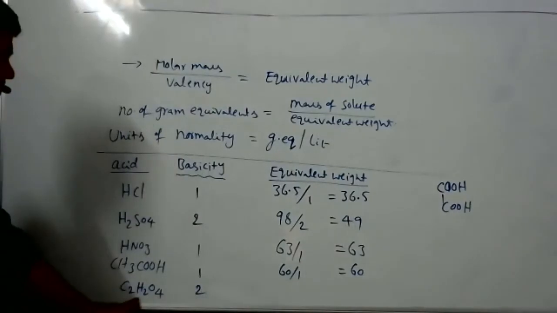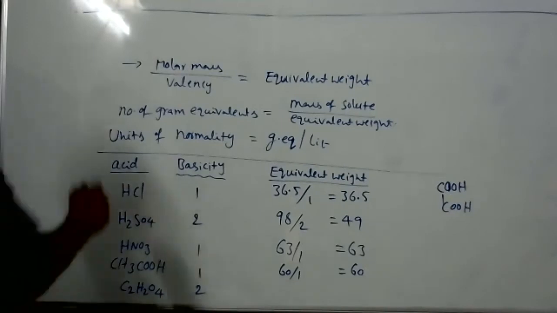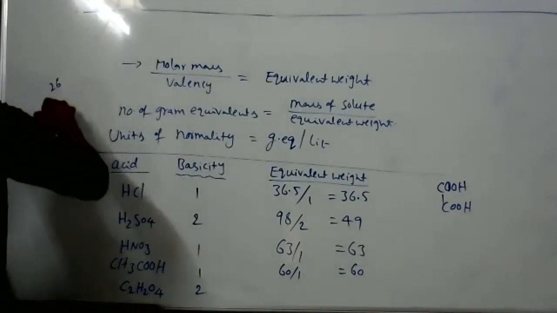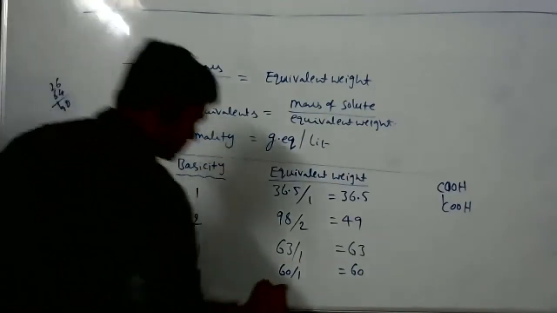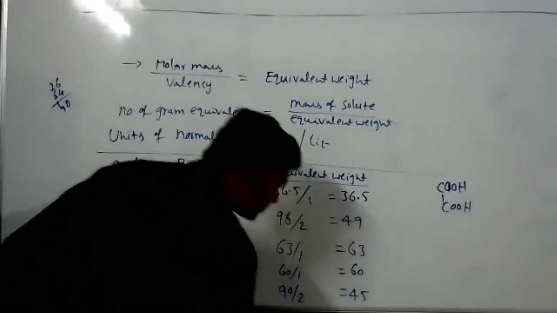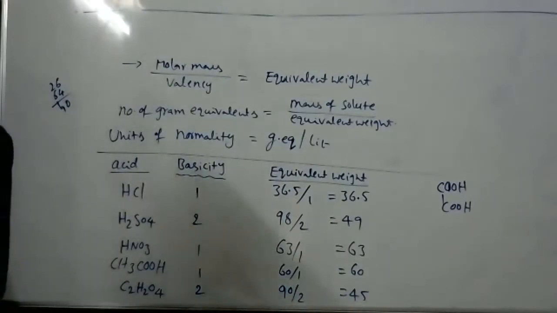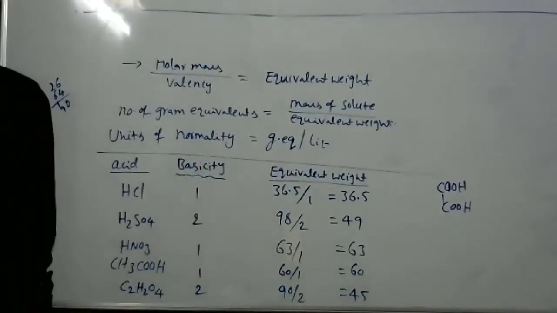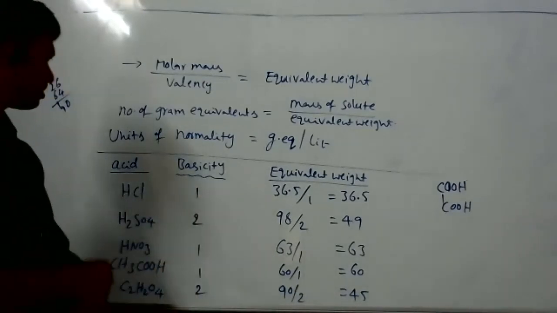Calculate the molar mass of C2H2O4: 90. 90 by 2, 45. So this is the way of calculating equivalent weight for acids.